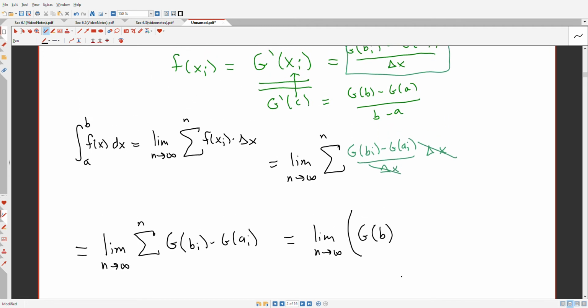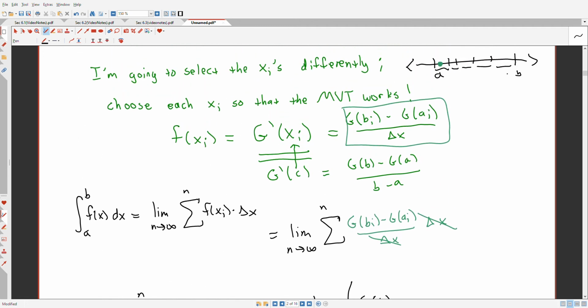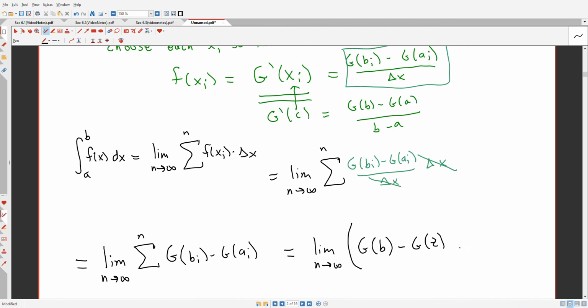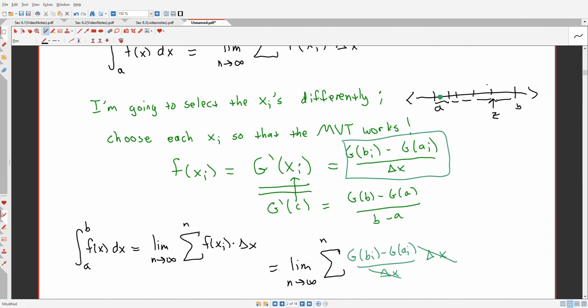Let's see if I can use my picture over here. So it'll be g of b minus this one, let's call that z for a second, minus g of z. So that would be the mean value theorem happening right here. But then what happened on the interval right before it?